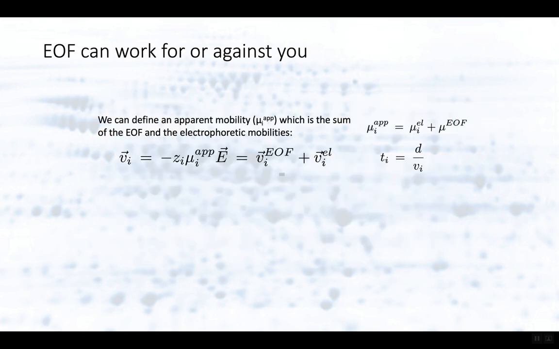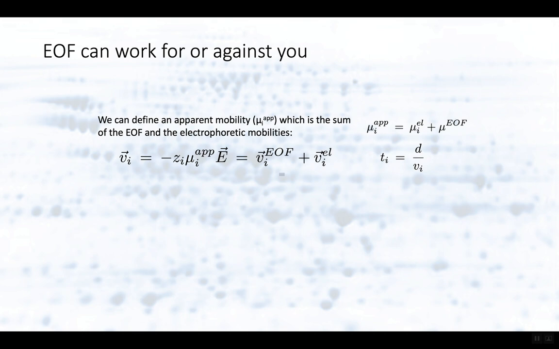All right. Now, EOF can work for or against you, and it's a little counterintuitive, but if we think about it, the actual apparent mobility of a given ion, that's mu apparent, is equal to the natural electrophoretic mobility plus the equivalent electroosmotic flow mobility.